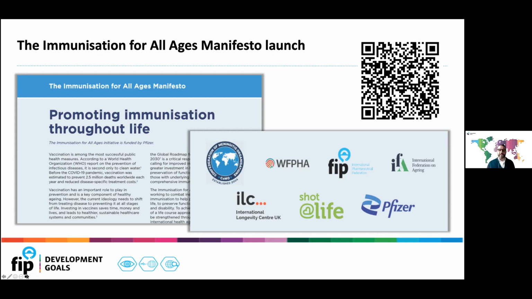We will be presenting this manifesto today with some video messages, not only from the FIP president, but also from Dr. Jane Barrett, Secretary General of the International Federation on Ageing, who will be sharing some further details about this manifesto. You may also access the manifesto on the FIP website, specifically on the transformingvaccination.fip.org website, and you can also access it directly by scanning the QR code on your screen.